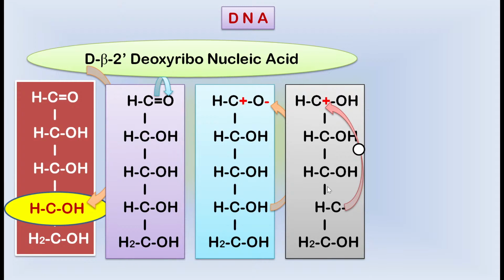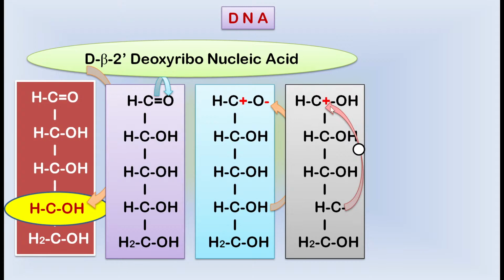Due to the formation of the anomeric form, an extra asymmetric carbon is formed. The first carbon initially was not asymmetric, but due to the formation of the glycosidic bond, there is an extra asymmetric carbon.